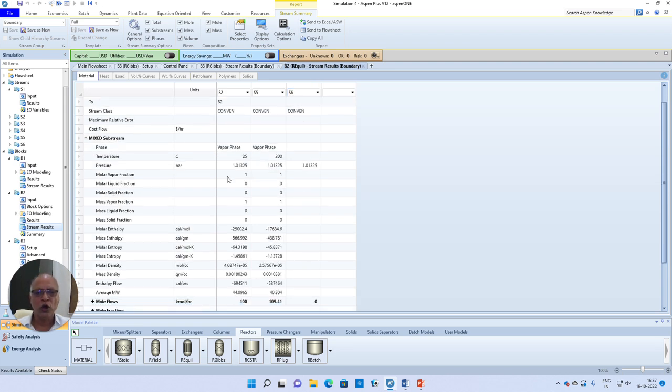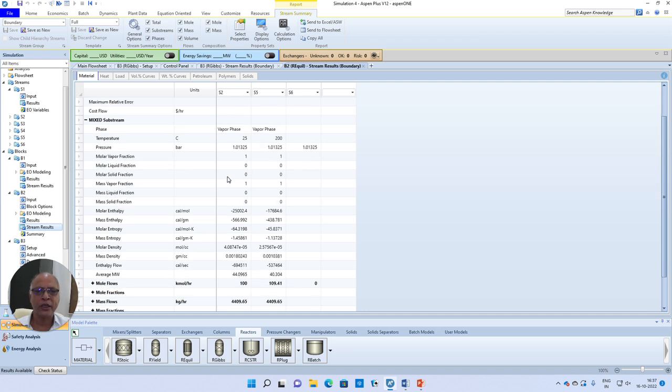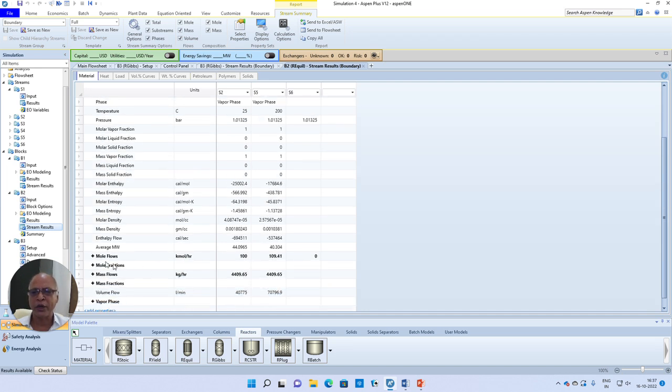That means you only have the vapor product coming out from even the equilibrium reactor model, which matches with the result obtained from the other Gibbs reactor model. Now let us see what about the conversion. Once again, you can see even this model is giving you exactly the same result as that of the Gibbs reactor model. So depending on your convenience, you can use either equilibrium reactor model or Gibbs reactor model to calculate equilibrium conditions in the case of reversible reactions.